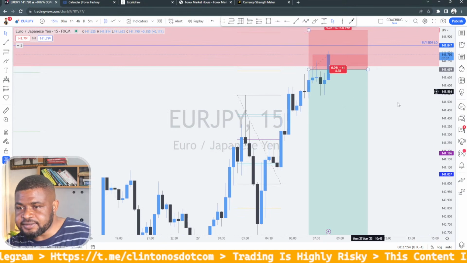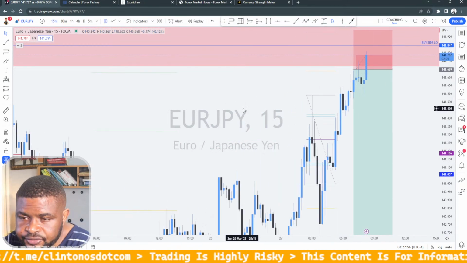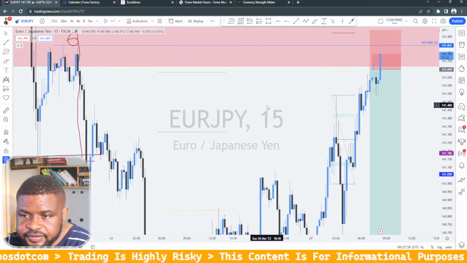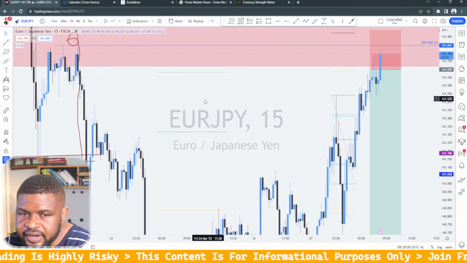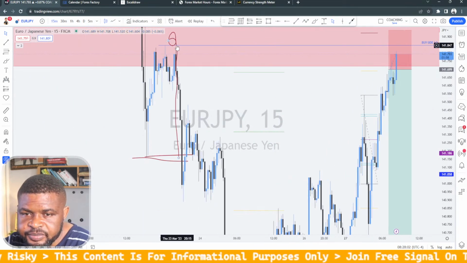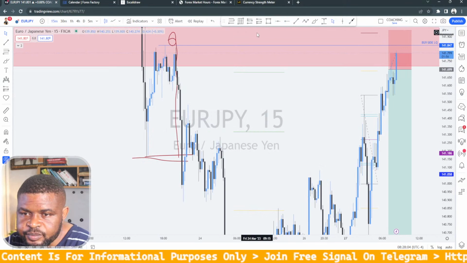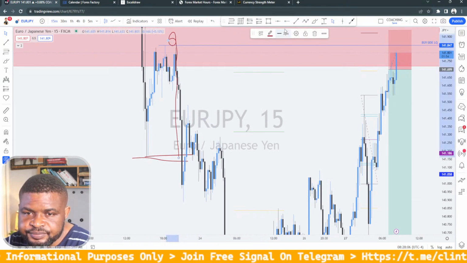So price is still pressing forward. Pressing forward very high. So maybe this liquidity. It's painful.